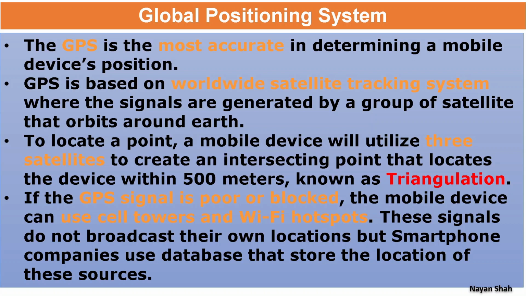We don't need to do anything. So mostly the GPS service continues working even though we are not getting a proper internet connection in a particular area. These signals do not broadcast their own location, but smartphone companies use a database that stores the location of all these sources, and they automatically get the services from that without even informing us.